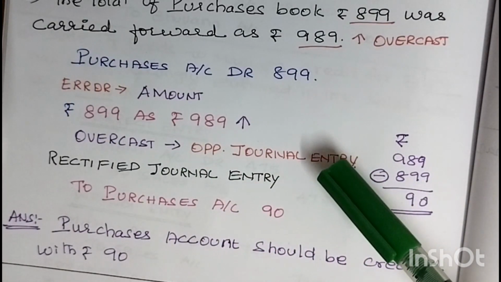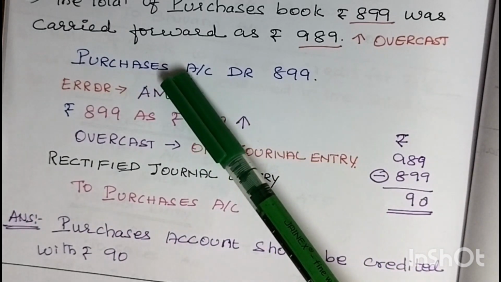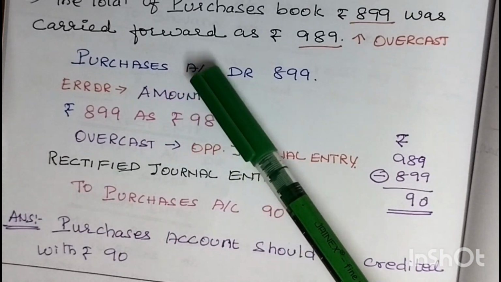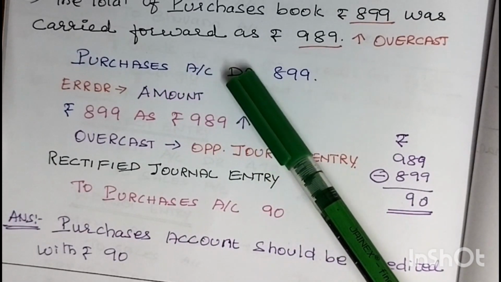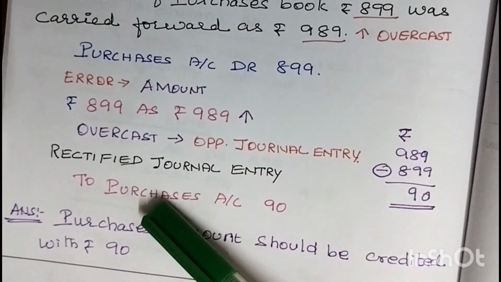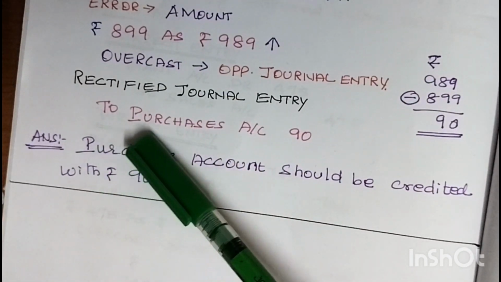So what is the rectification entry for this? What is the original entry for purchases book? Purchases account or purchases book shows on the debit side. We have to rectify this account, so we have to credit the purchases account. So the rectified journal entry is: to purchases account.